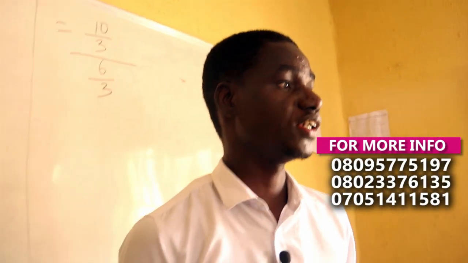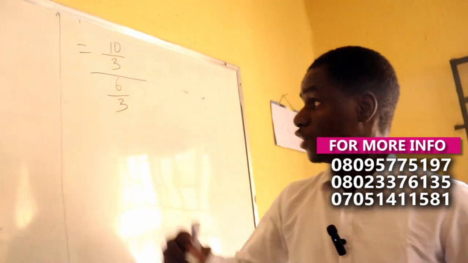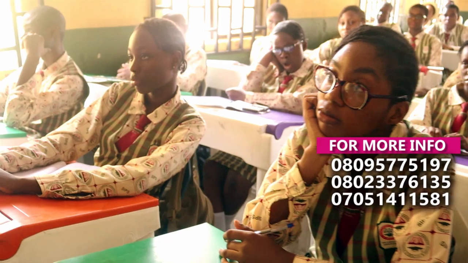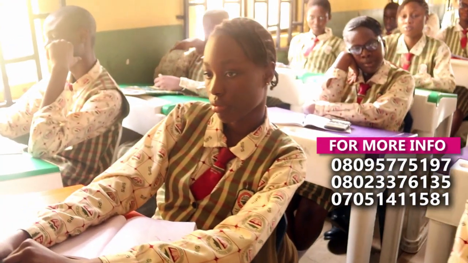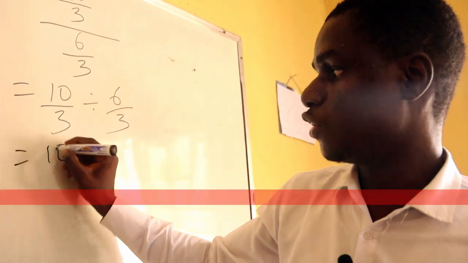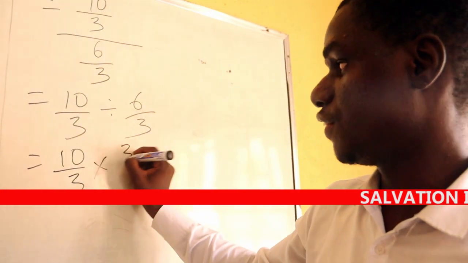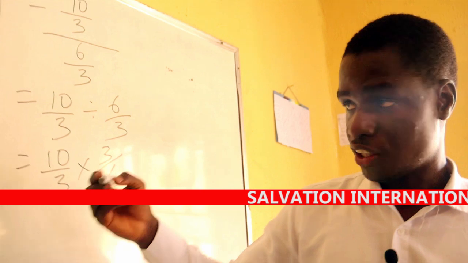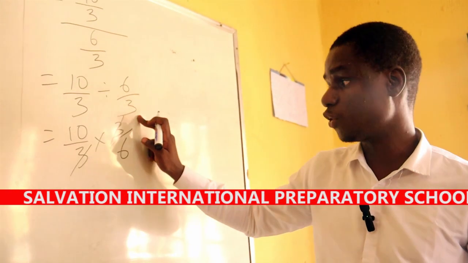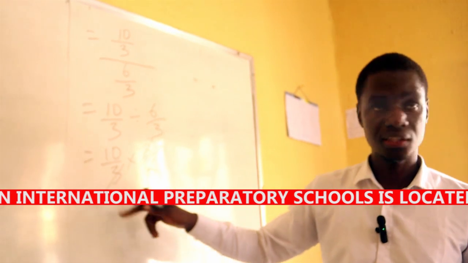Any questions so far, students? No, sir. So remember, this can also be written as 10 over 3 divided by 6 over 3. So 10 over 3 times 3 over 6. So we can cancel that 3, 3 here 1, 3 here 1.